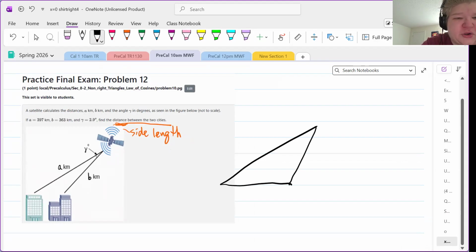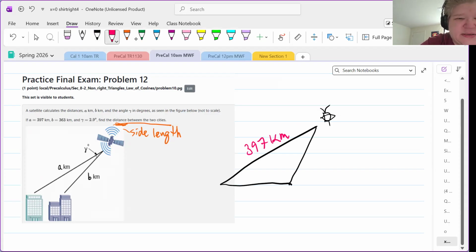All right, so we're told we have a satellite. I don't know what a satellite looks like, so sure. The satellite can calculate the distance. It sends out a ping and calculates the distance to things it's looking at. So it calculates the distance to the first city as 397 kilometers.